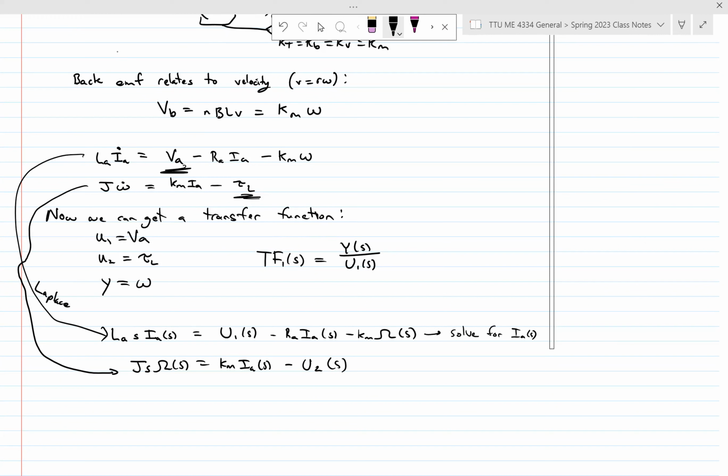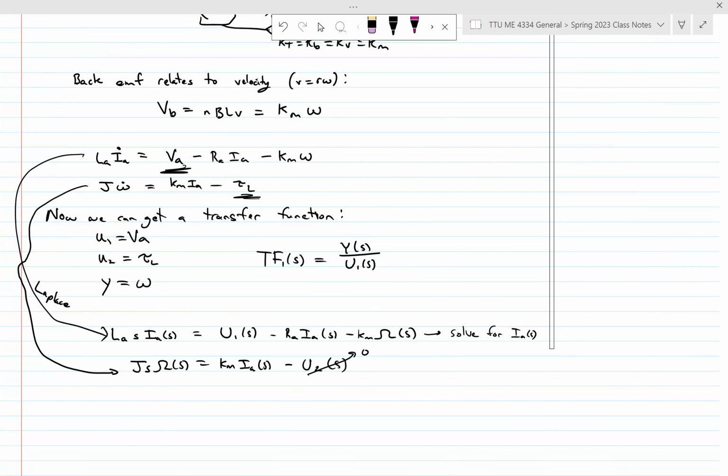And then we would plug it into our second equation. What's the other thing we would need to do here? What am I looking for? The transfer function from u1 to y. What's the last thing that we need to do here? Get rid of u2. So u2 will be 0 for the transfer function we're looking for.